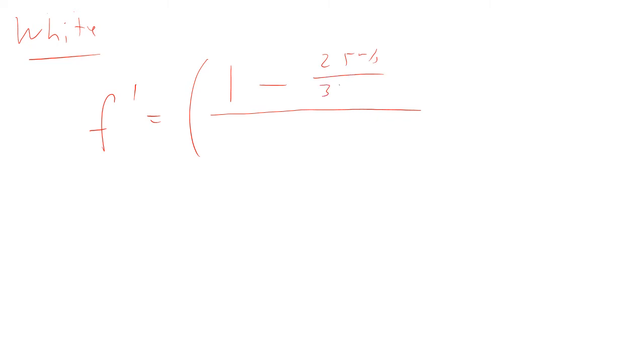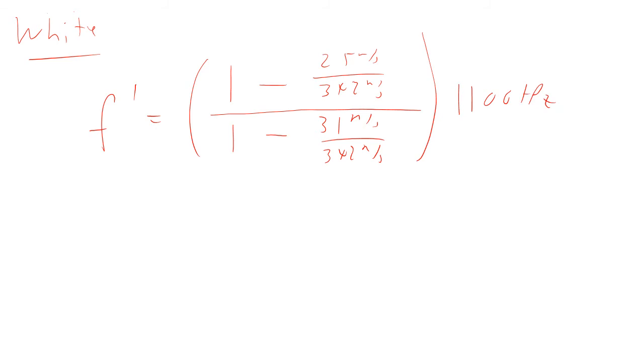Okay. So what about the driver in the white car? Okay. So for the white car, the white car is moving away from the person sounding the horn, so minus 25 meters per second over 342 meters per second, but the car is heading towards the white car, so 31 meters per second over 342 meters per second, times 1100 hertz.